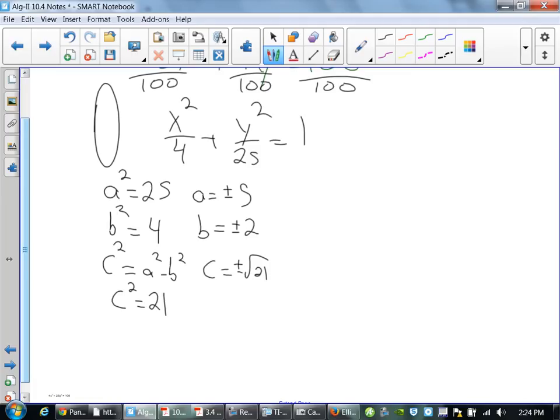Where is this thing centered at? Centered at the 0. Centered at 0, 0. Knowing that this has to be stretched vertically, that means my vertices have to go up and down. Up and down.